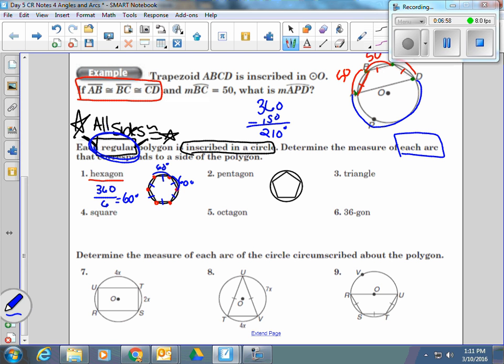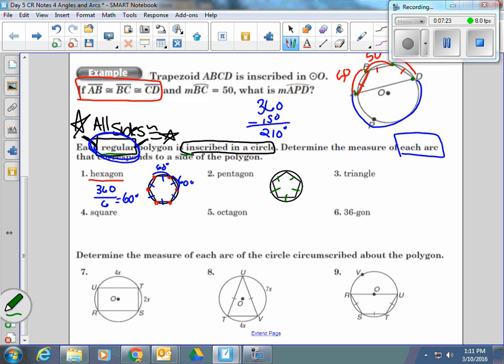Okay. Now let's take a look at the next one. A pentagon. How many sides does a pentagon have? 5. What do you know about your pentagon? Good. All sides are congruent because it's regular, so all these chords are the same.